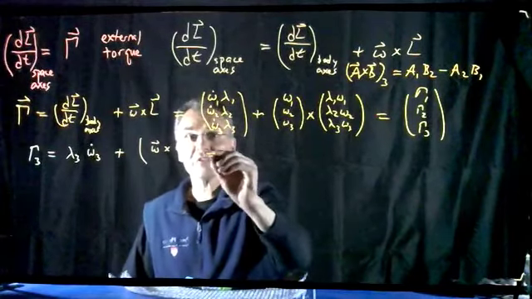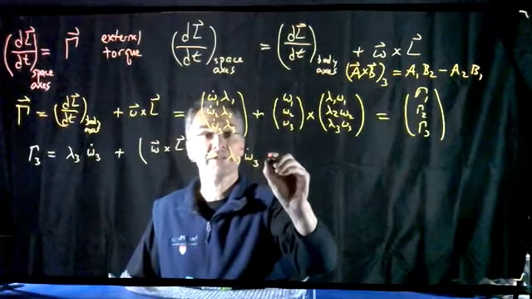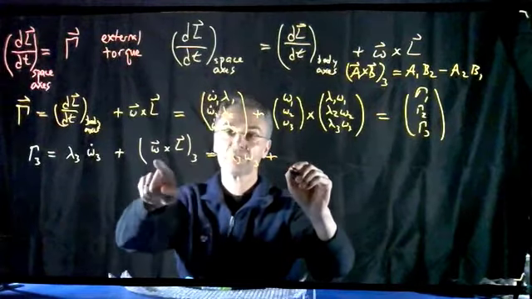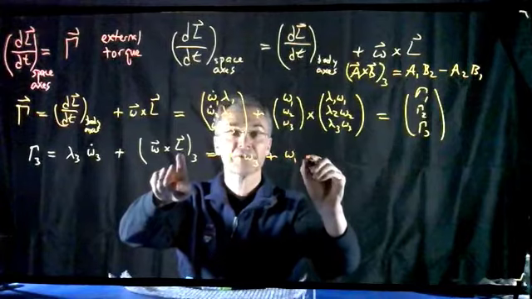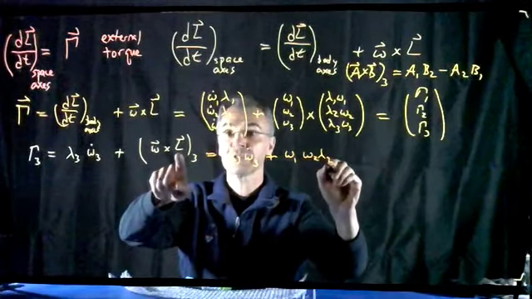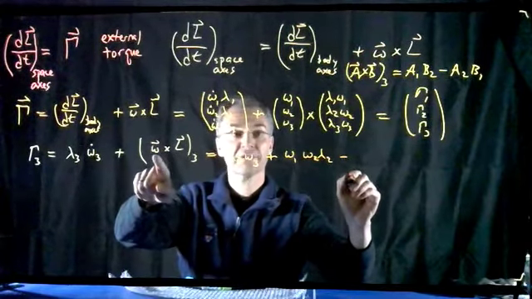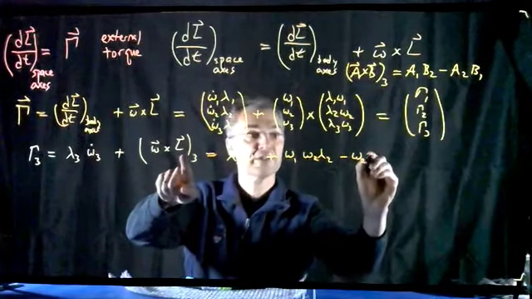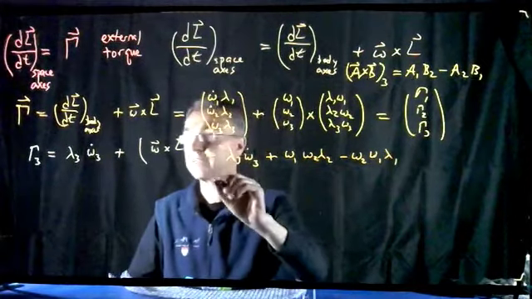So this is lambda 3 omega 3 dot, plus, so now we have, this is the 3, so we want the 1 component of this, omega 1, and then we want the 2 component of this, so that's omega 2 lambda 2, and now minus, and then we want the 2 component of this, omega 2, we want the 1 component of this, so that's omega 1 lambda 1.